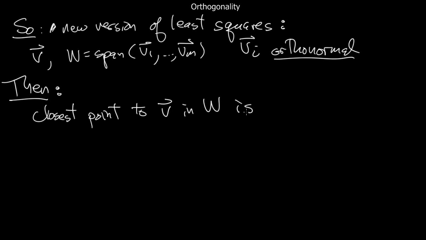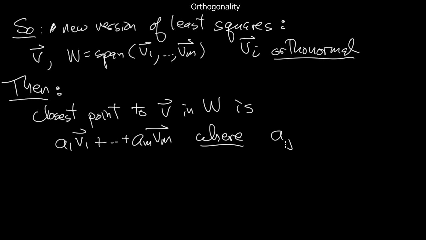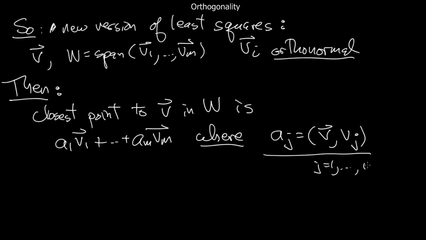The closest point to V in W is a1 v1 plus dot dot dot up to am vm. And the simple formula is that aj is simply the inner product of V and Vj. You're given V, you're given this basis Vj, you compute this number, and then you're done. And this is for j running from 1 to m.